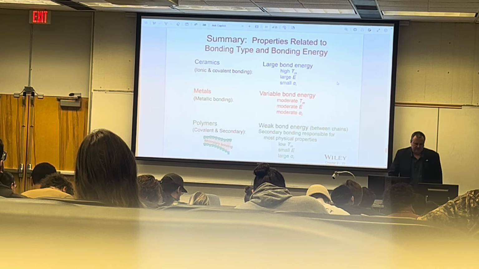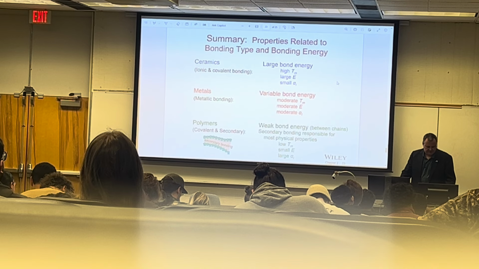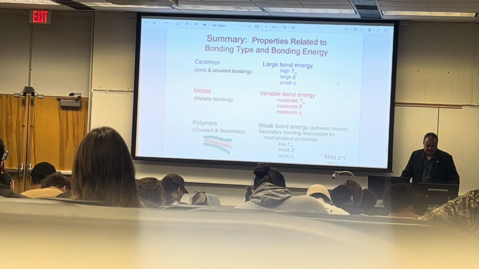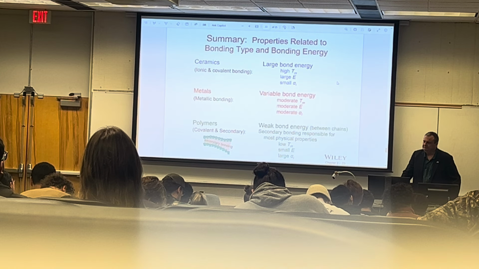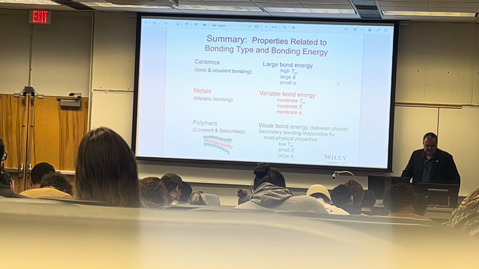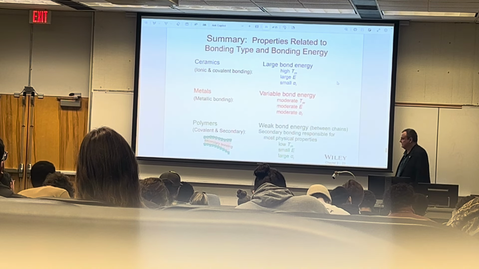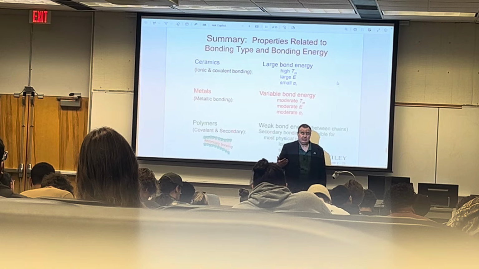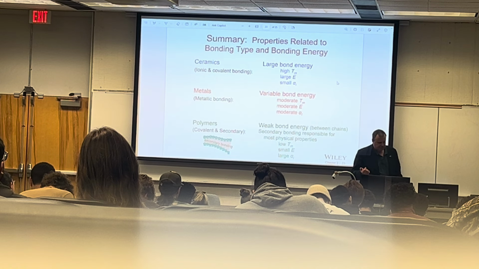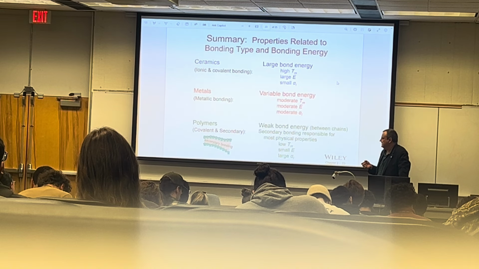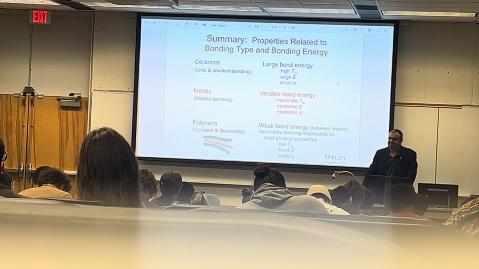For metallic bonding, there's moderate bond energy, moderate E, and moderate alpha. E is energy. And for polymers, there's very strong bonding inside the chain, but because the secondary bonding is weak, they have low melting temperature, small energy of the bond, and large thermal expansion coefficient.